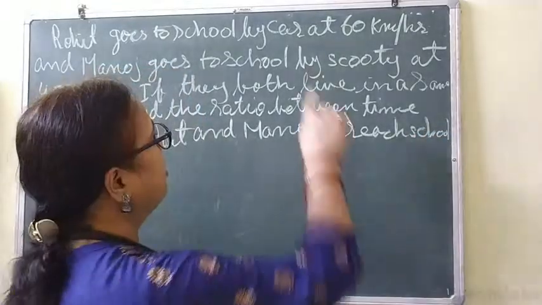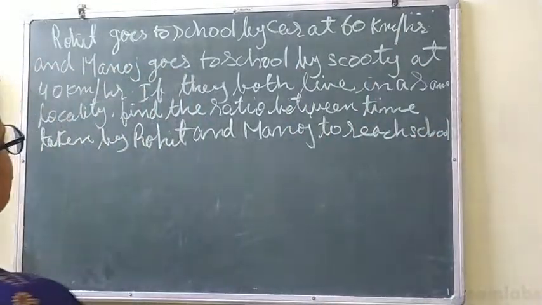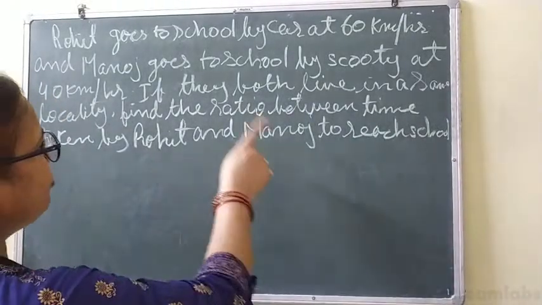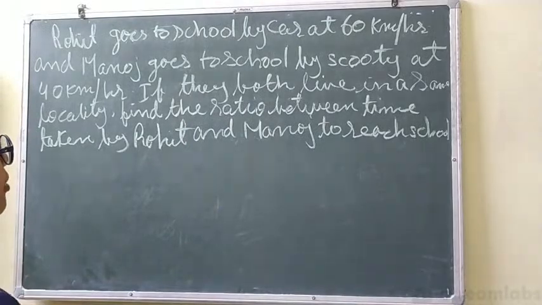Rohit goes to school by car at 60 kilometer per hour, and Manoj goes to school by scooty at 40 kilometer per hour. If they both live in the same locality, clear?